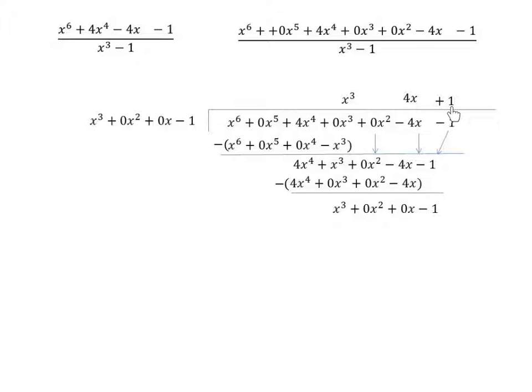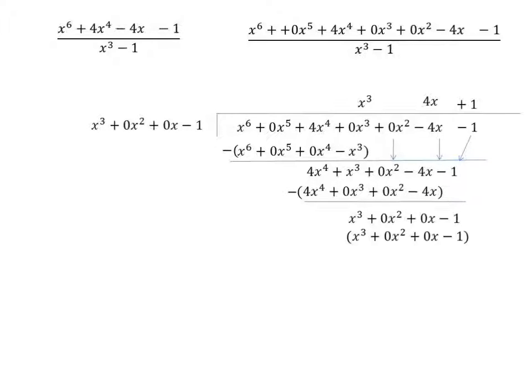That's the 1 right here. Okay, now we have divided. The next thing is to multiply. We're going to take this 1 and use it to multiply all of these terms in the divisor. And when you do that, it's going to be exactly the same thing. Copy it down here, because 1 times anything is the same thing.